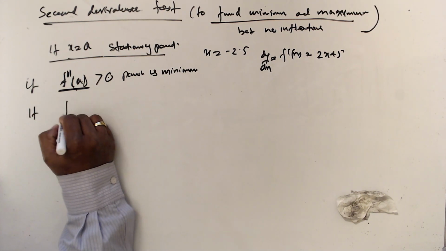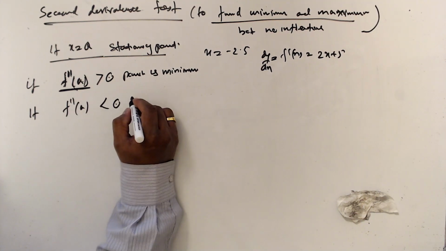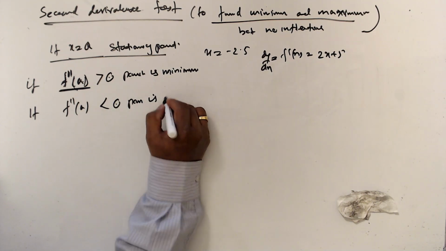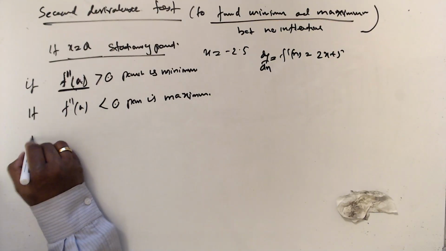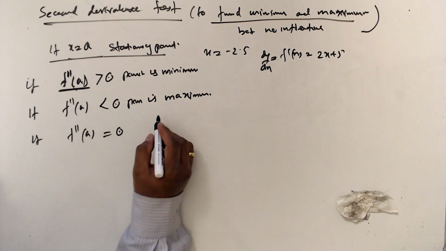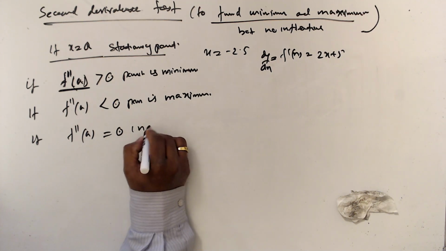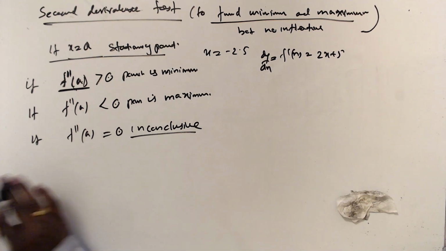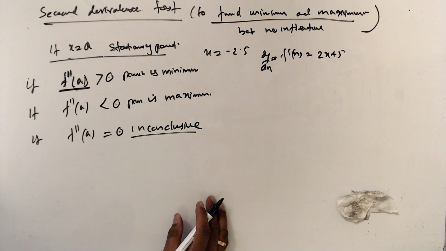If f double prime a is less than 0, then the point is a maximum. If f double prime a equals 0, it is inconclusive. You can't make any decision. Then you have to go back to the previous test.